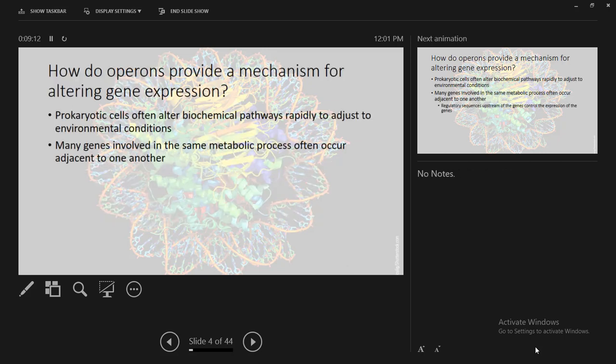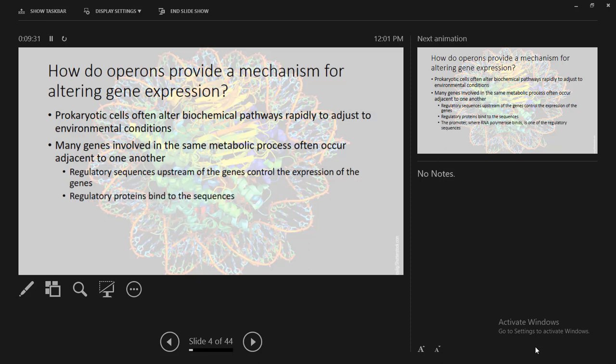And so if you stop the transcription of one of them, you stop the transcription of all of them. Which makes sense because they're all involved in the same biochemical process. These regulatory proteins literally bind onto the DNA at those sequences to prevent transcription.